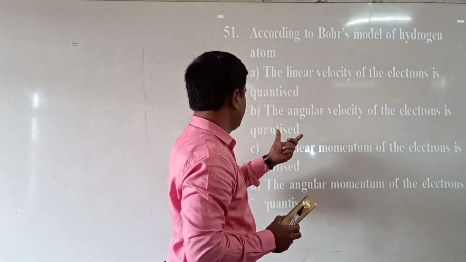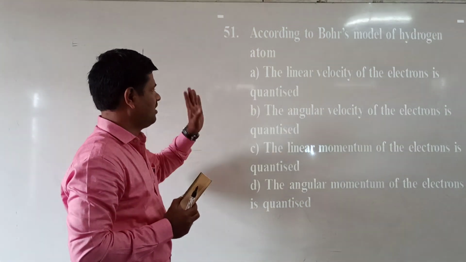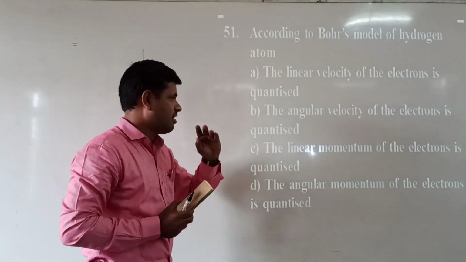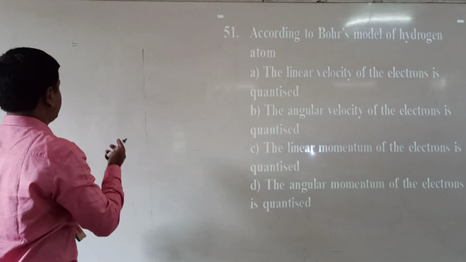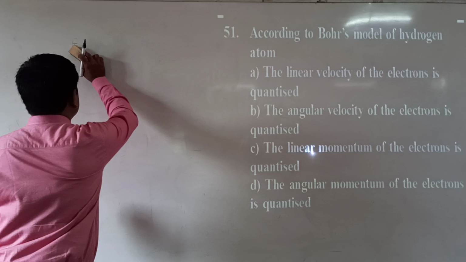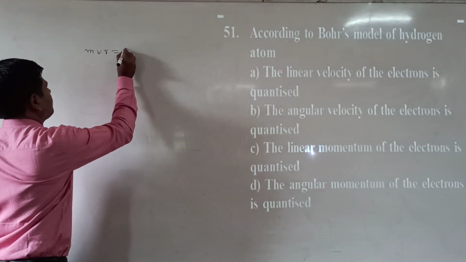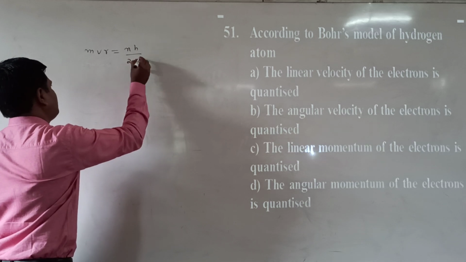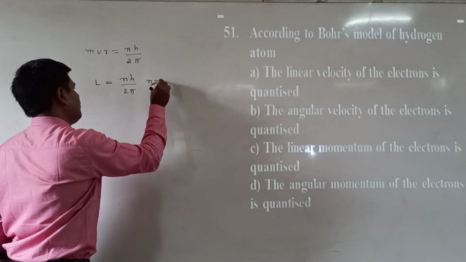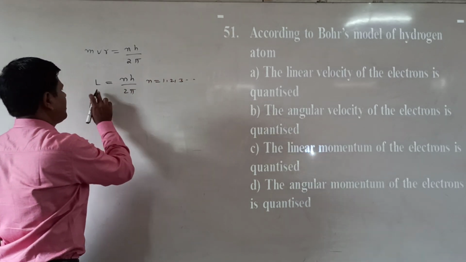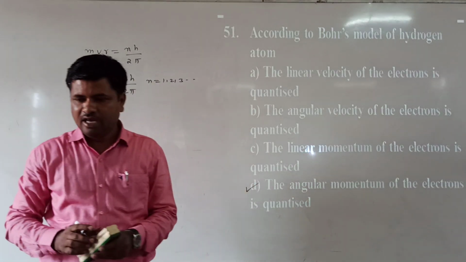The angular velocity of the electron is quantized. This is not correct. Angular velocity and linear velocity are not quantized. Linear momentum is also not quantized. Which is quantized here? Angular momentum is quantized. We know that in the Bohr's postulate we write the relation mvr is equal to nh by 2 pi. This n value takes 1, 2, 3 like this. Or L is equal to nh by 2 pi, n equal to 1, 2, 3. It means that angular momentum is quantized. Which option is correct here? D option is correct.